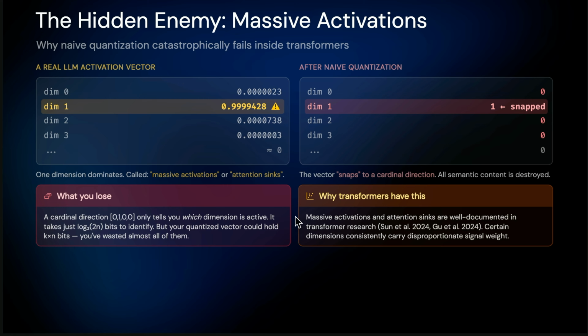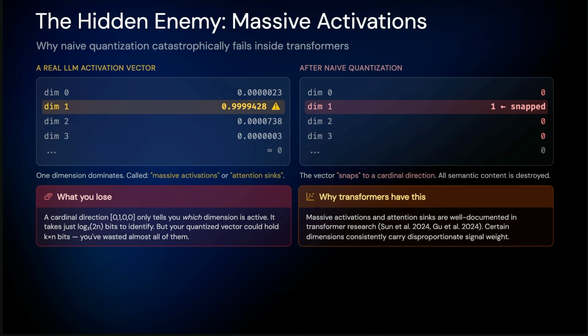This is a general phenomenon we see with LLMs. A real LLM activation vector would look something like this, where one dimension causes massive activation, but after naive quantization, that dimension snaps to a cardinal direction and all the semantic content this vector carries gets destroyed. So this is our enemy, the massive activations.